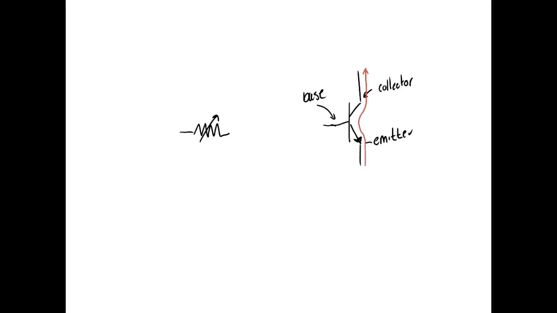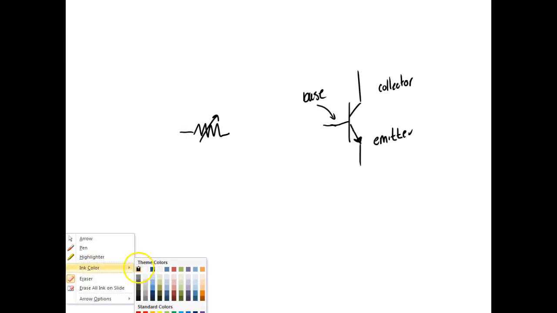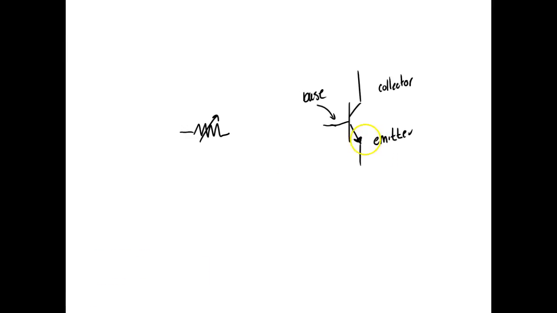Anytime we deal with electronic devices, normally we have to talk about bias, right? Forward and reverse bias. So I look at this symbol right here, and the arrow is not pointing in. So this is an NPN transistor.